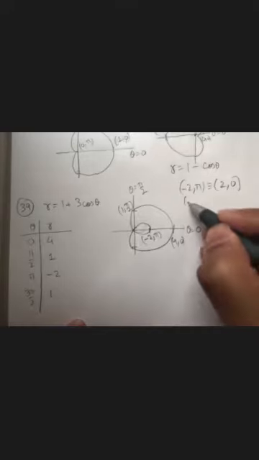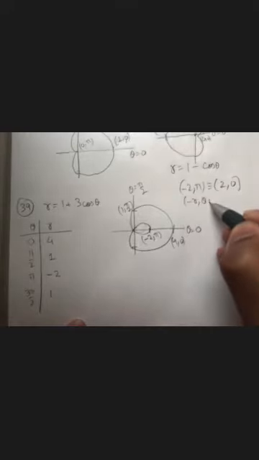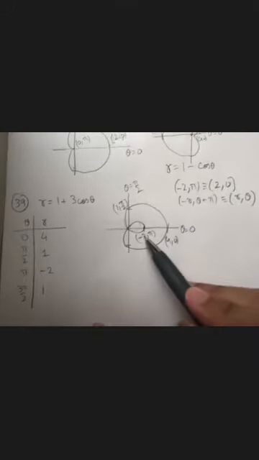Using the same thing, negative r comma theta plus pi is the same as r comma theta, which is what I was discussing earlier. So negative 2 comma pi is at the same location as 2 comma 0. Now this completes this sketch, and similarly you can have 1 comma 3 pi over 2.